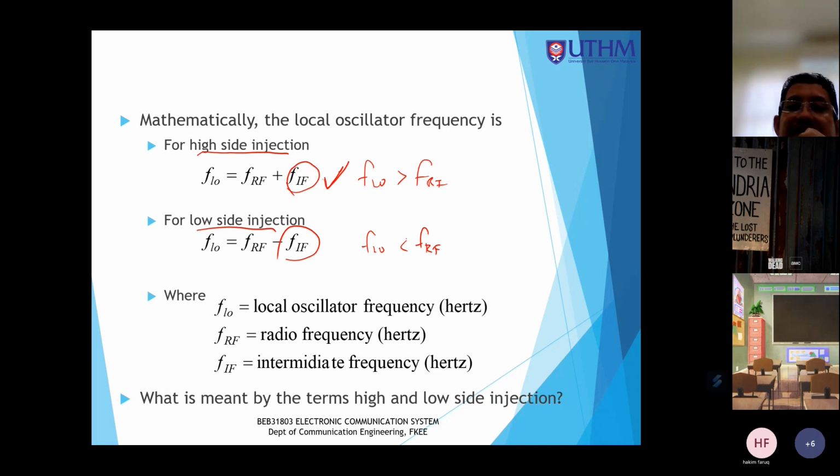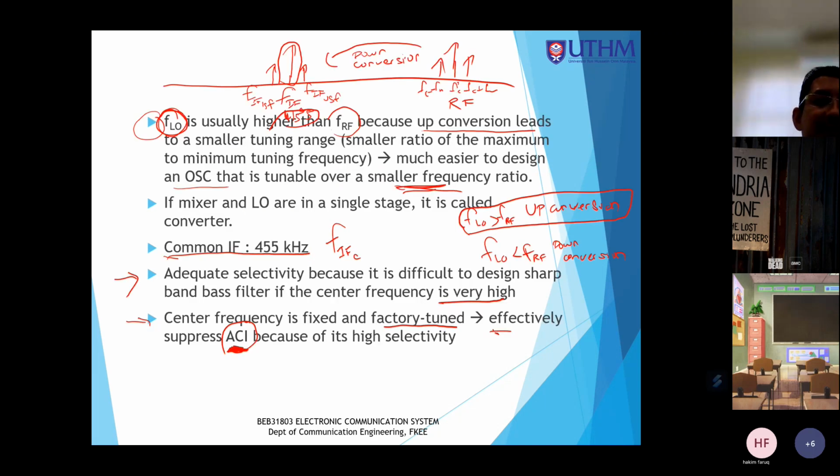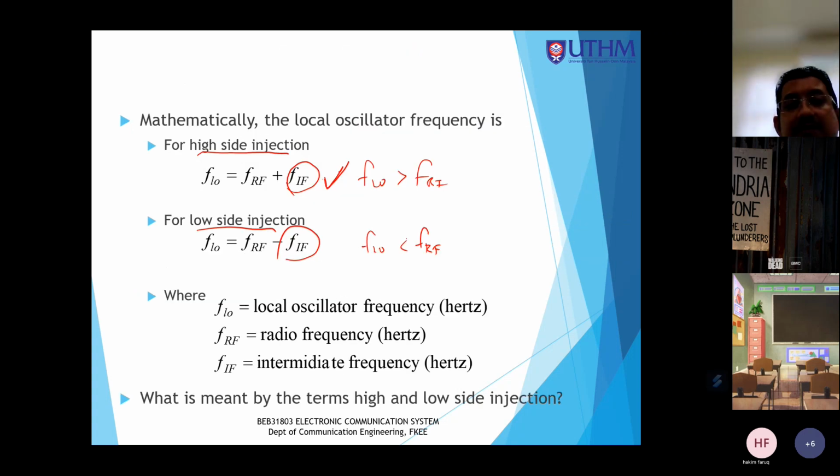So for high side injection, in order to find the FIF, kerana nanti isunya adalah kita nak mencari berapa nilai ni. How much is this? How much is the FIF USF? Okay, so when we want to find how much is the FIF, we can use these equations. Okay, so FIF is equal to FLO minus FRF.